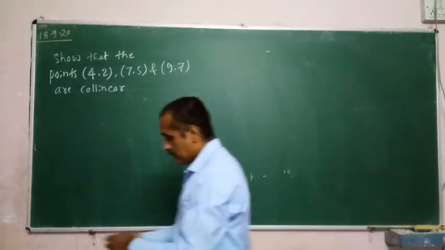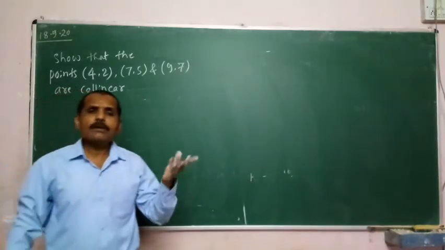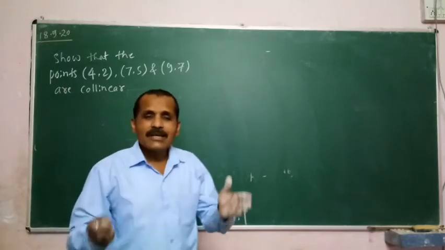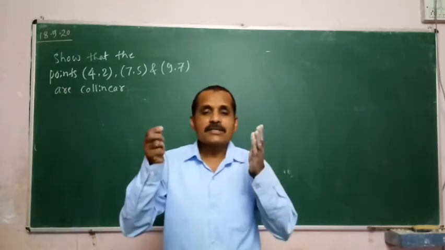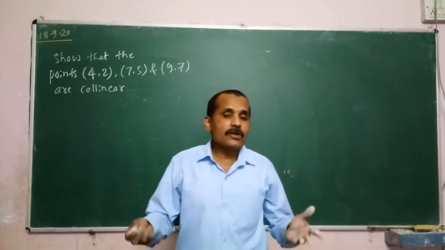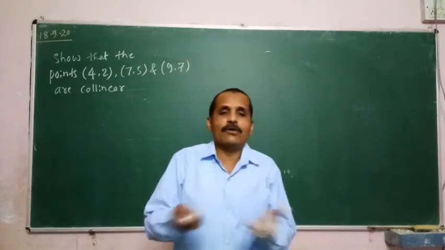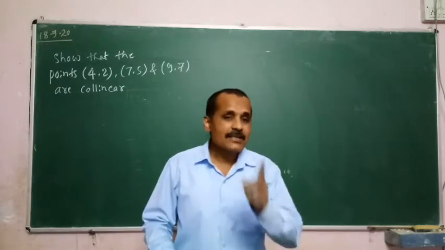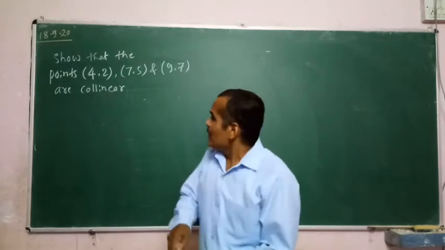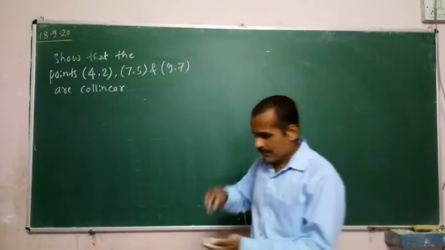Yes, are collinear. What do you mean by collinear? Collinear means the points must be on the same straight line. If three or more points lie on the same straight line, then the points are called collinear. Now, how can we prove this?